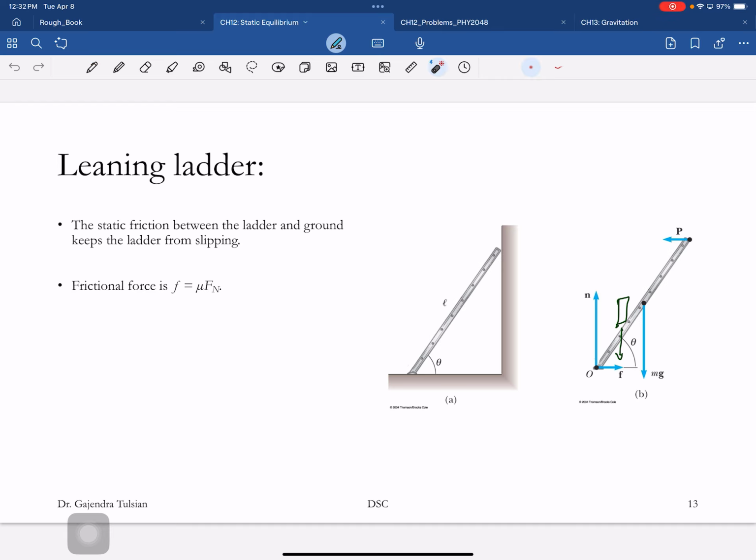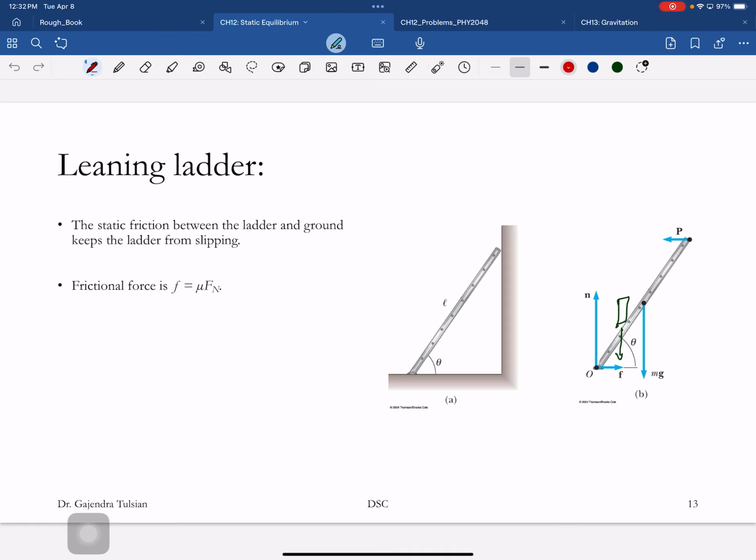So, in the first part of this chapter, you studied the following. You had an extended object, and several forces would act on this object. And what is it that you wanted? You wanted this object to be at rest. So when several forces act on an extended object, you need two conditions for static equilibrium.